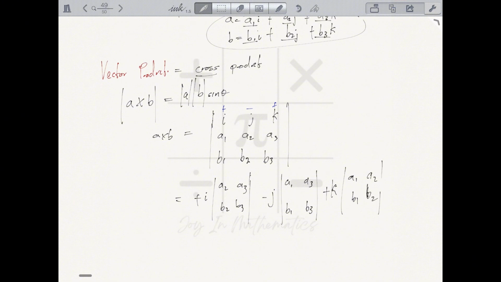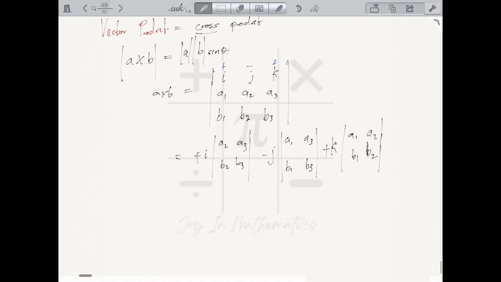Now we have been able to reduce this 3 by 3 matrix to 2 by 2 matrices. We understand that the determinant of a 2 by 2 matrix with entries a, b, c, d is ad minus bc.